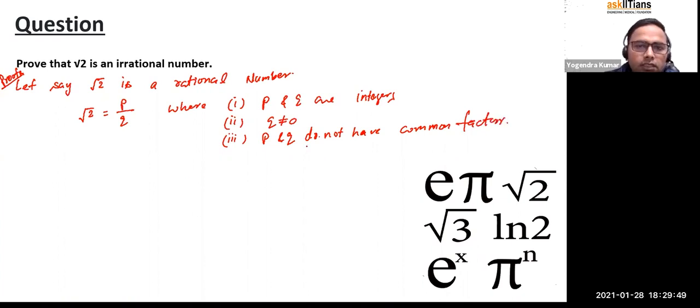This third condition is what many students forget, so you need to remember this also. All these conditions should be met. So now this is what I have.